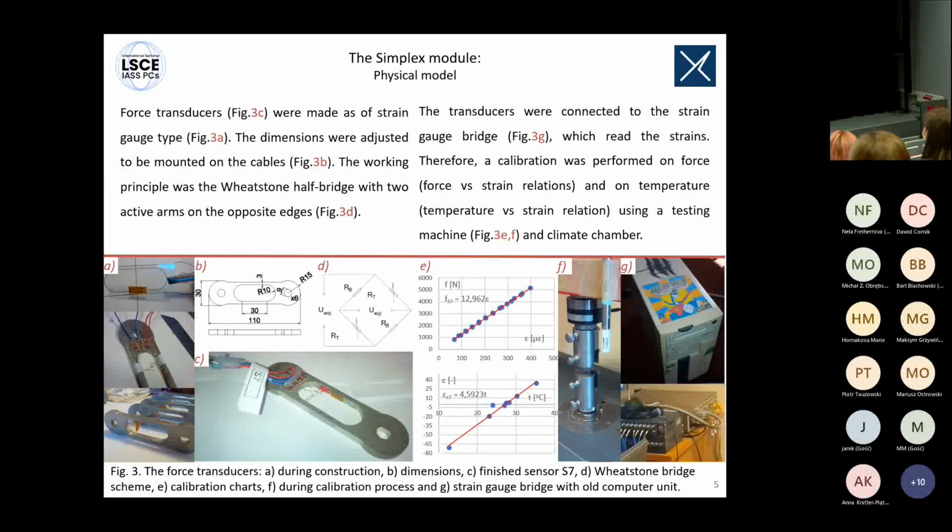The tensometric bridge shown here is an old unit, but generally it gives readouts as strains. Of course, not strains, but basically an electric current, but we can read strains. So we had to perform a calibration, which was done on a universal testing machine to obtain the chart of force versus the strain value, as well as a temperature calibration, so the strain versus the change of temperature.